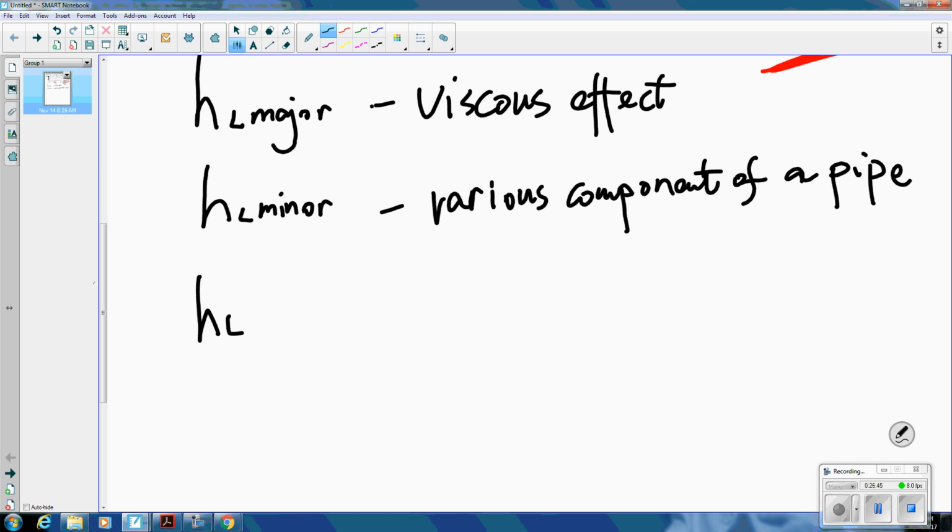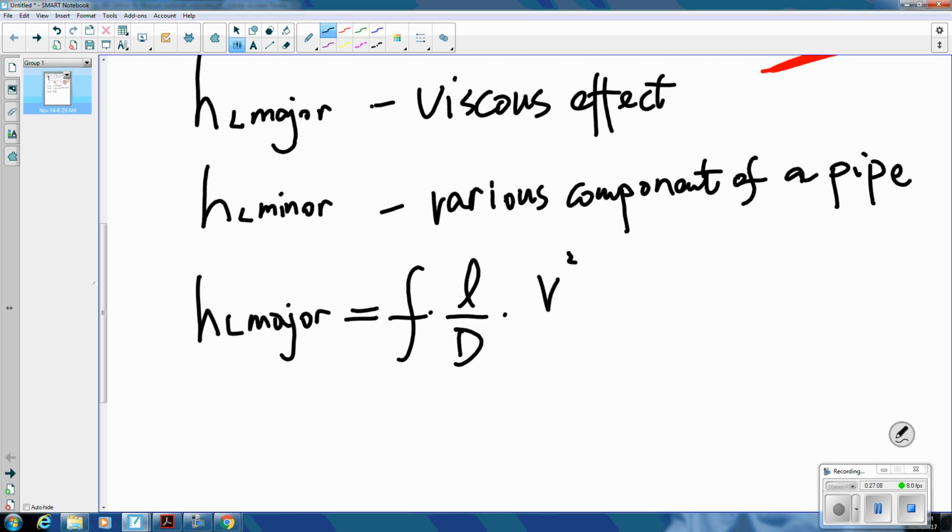For major losses, from dimensional analysis, we can find that the major total head loss for a pipe flow equals f, the friction factor, times L over D, which is a dimensionless term, times V squared over 2g.